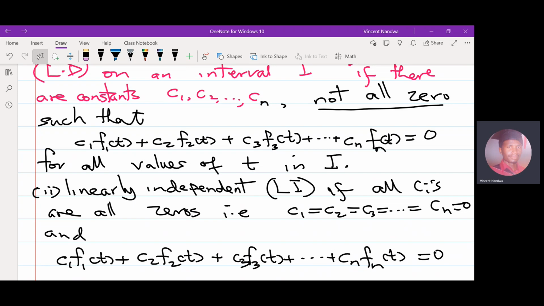For linear independence, you get a linear combination of all the functions, and each of the coefficients in that linear combination must be 0. But for linear dependence, the coefficients in the linear combination equation should not be all zeros. At least you need one C that has a non-zero value.